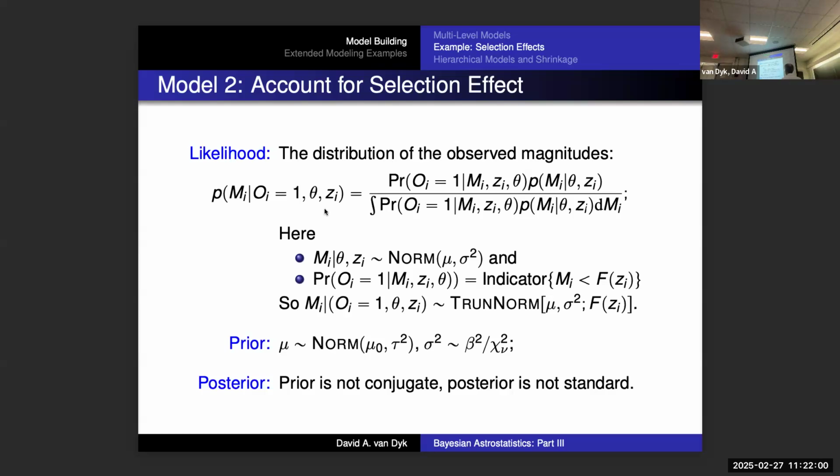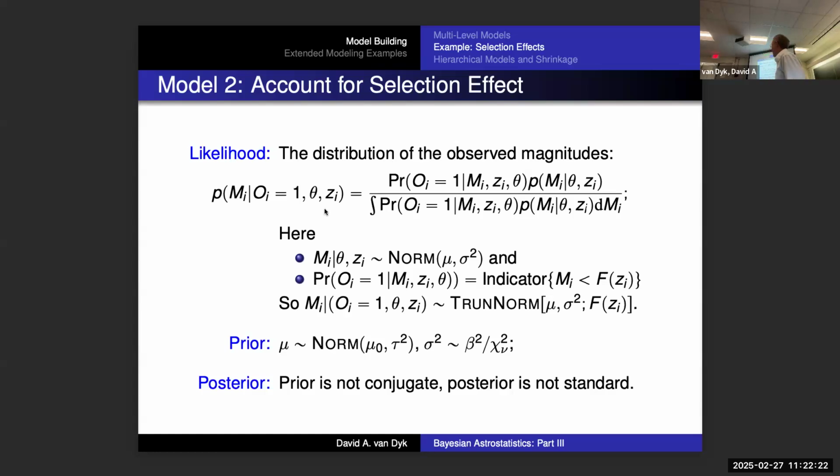And so here, in this particular example, we're modeling the marginal distribution of the absolute magnitudes as normal. The conditional distribution, if I know both M and Z, well, I know exactly whether it's going to be observed or not, based on whether M is less than f of Z or not.